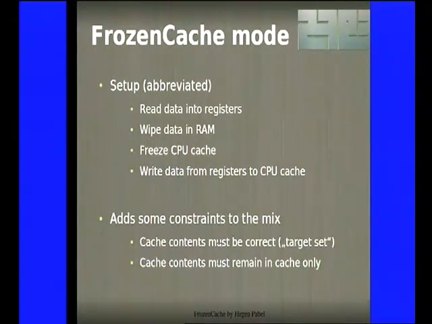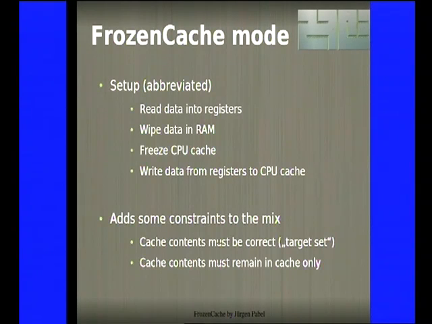So when you have the frozen cache mode, what you want to do is switch from normal operation, where your system is up and running, into frozen cache mode, where all your sensitive data is pulled into the cache and removed from memory.